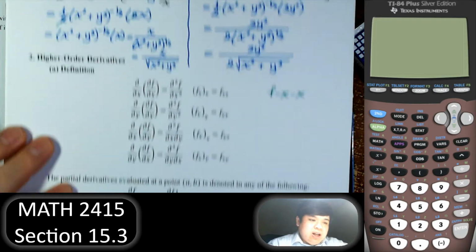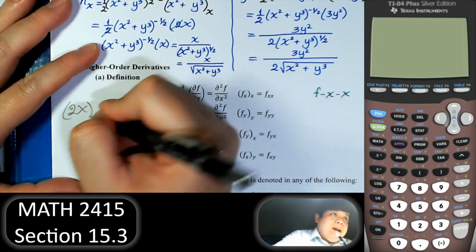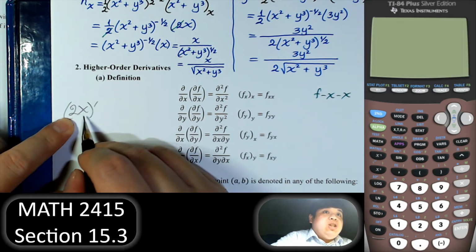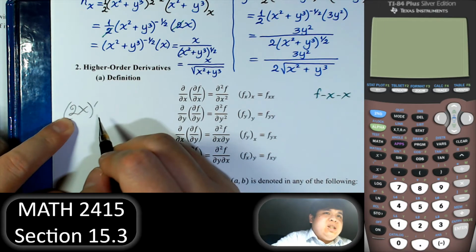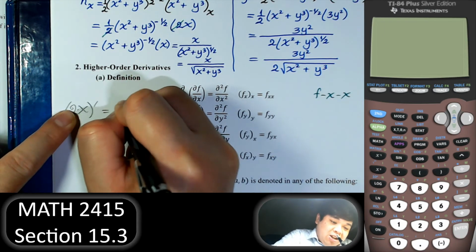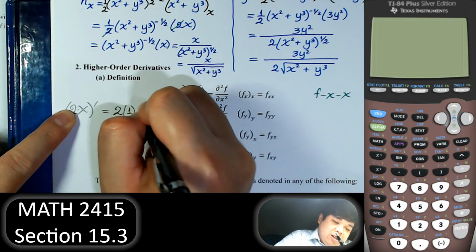Just like when we take the derivative of 2x with respect to x, we don't say the derivative of 2 is 0, the derivative of x is 1, 0 times 1 is 0. This is not like that, right? We just say if this is a constant, that constant will stay, and then we take the derivative of x, which is 1.